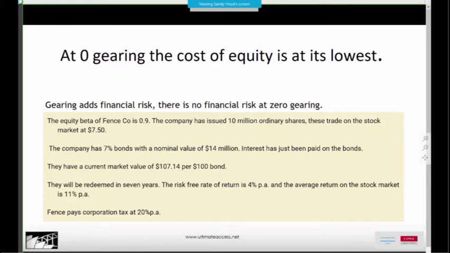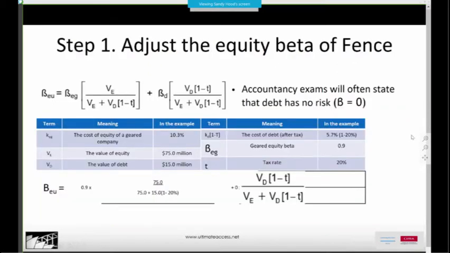So what we're going to do is look and see what's going to happen. We've got the same information in the standard that you saw before. We bring in a formula that would be provided within an accountancy exam, which shows that the ungeared beta of a company is equal to the geared beta times the proportion of equity over capital employed, plus, if there is some debt and the debt carries some risk, then that proportion as well.